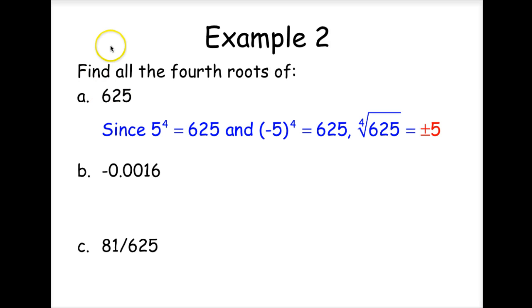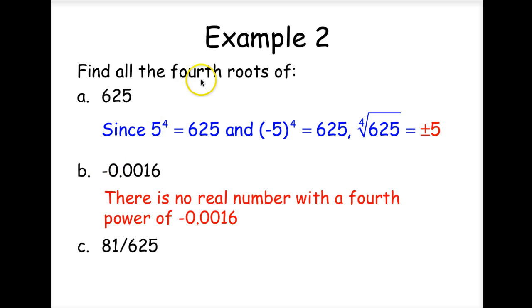Tells us 5. 5 to the fourth equals 625. So if you ever get one of those mind blocks and can't remember what the fourth root of a number, or a fifth root, or a sixth root, whatever, do it to the power of the fraction. Now this is an even index, so we're going to have two roots, positive and negative 5.